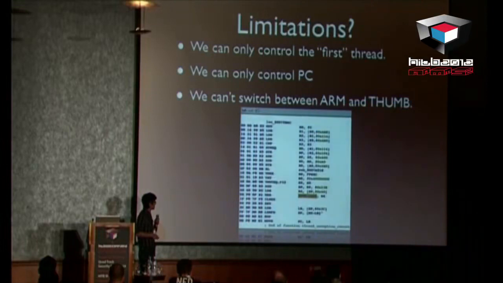So in that way, whatever thumb mode was stored in 0x40 is going to be active after this function returns. So even if you can set PC, like thread set entry point sets this value right here, and this gets written to PC, the thumb bit is still whatever it was when the process was interrupted, when there was a context switch. So this is why you can't switch between ARM and thumb mode using that method.